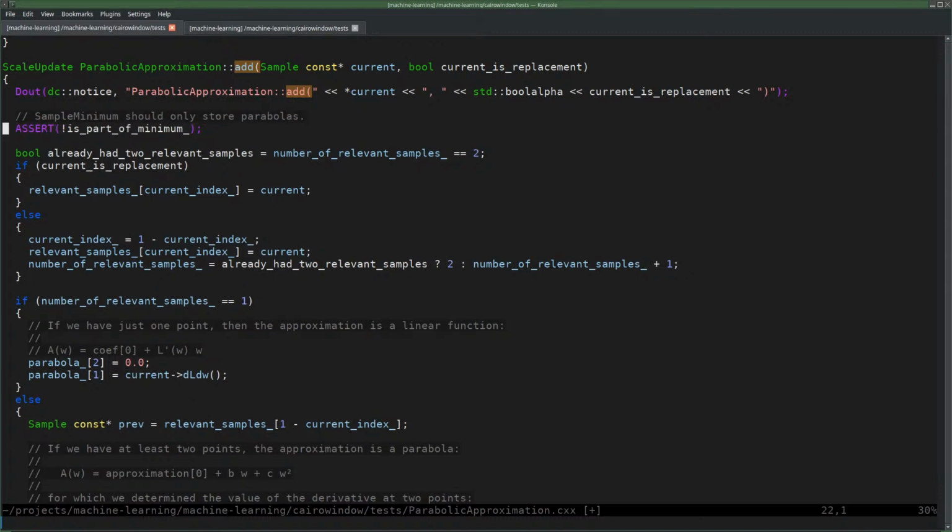It's going to be a lame assert, but okay. Sample minimum should only store a parabola of which the vertex was already determined.